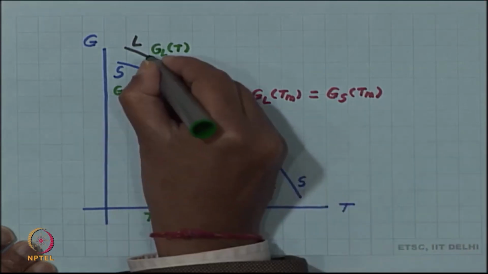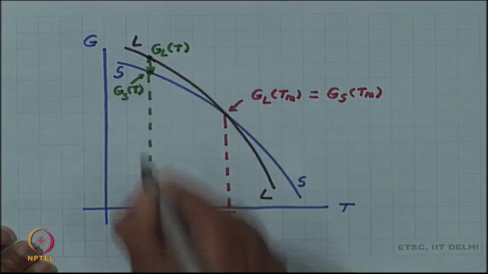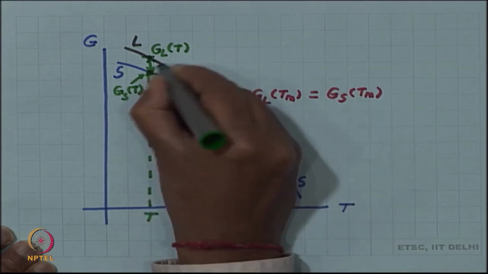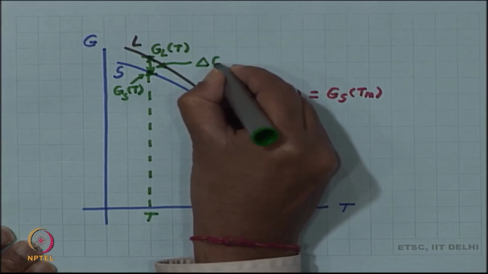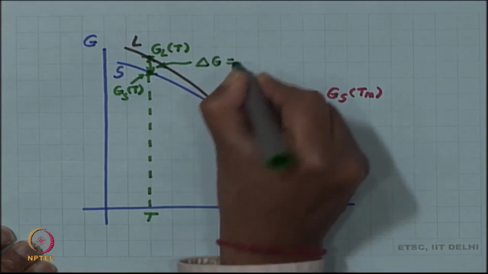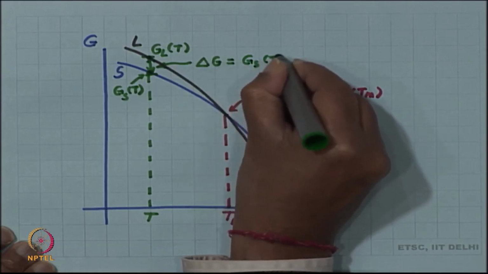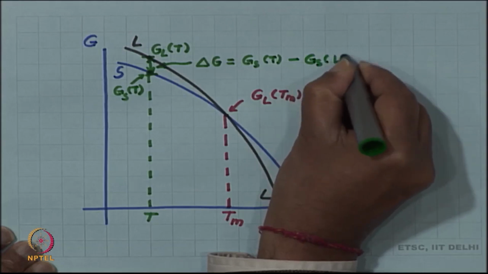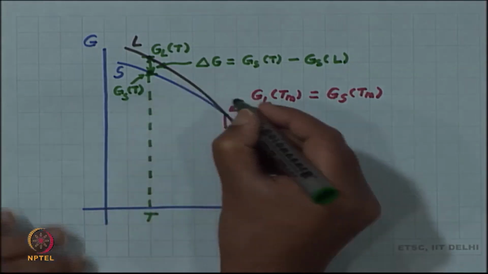So, the difference between the two phases, this difference, is what will be the driving force, delta G, G_S(T) minus G_L(T). We can see that this driving force is actually a function of temperature.